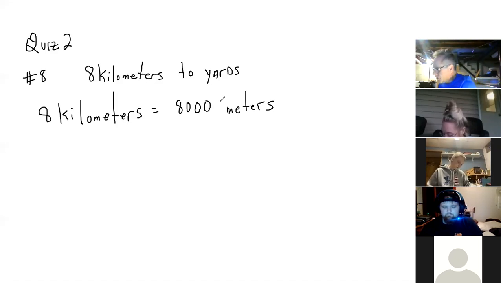Okay, so if you look on the 3 sheets that I gave you, find the one that says table 2.4. And it's got USCS, United States customary standard units to metric conversions. So the one that says USCS metric conversions. So you have that one?